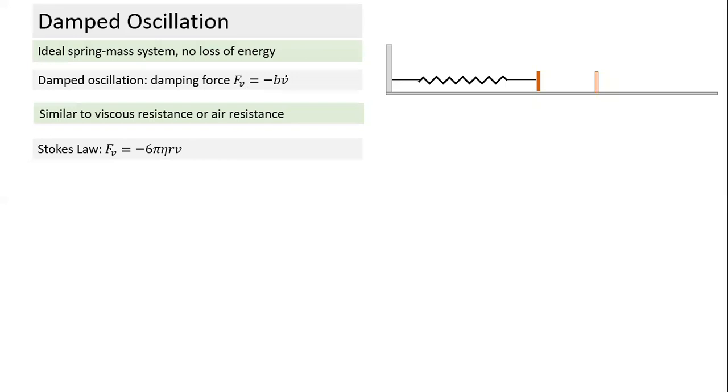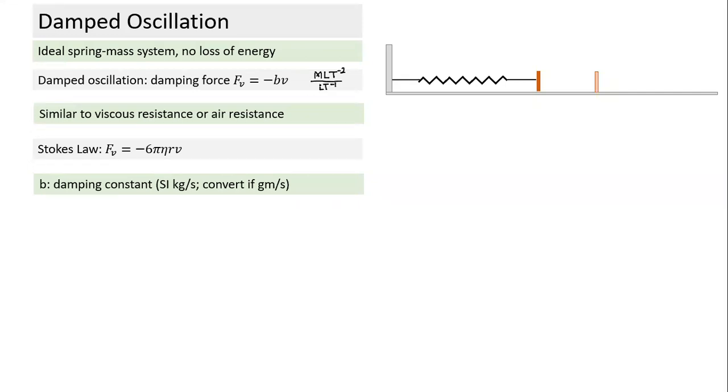So what is the value of b? b is called the damping constant, and this is the force which is acting. What would be the unit of b? This is important because quite a few questions have come in the past in damped oscillation, and these are simple substitution questions. You only need to be careful with the substitution and units. The dimension of b is the dimension of force, MLT minus 2, divided by the dimension of velocity, LT minus 1.